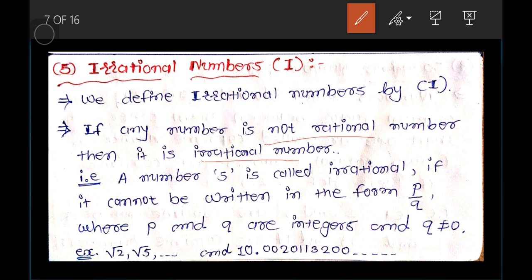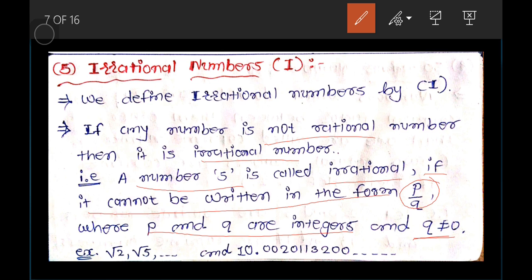Or we can say that a number is called irrational if it cannot be written in the form p by q. If we cannot write a number in the form p by q, then we say this number is irrational. And as we know, p and q are integers, but q does not equal 0.